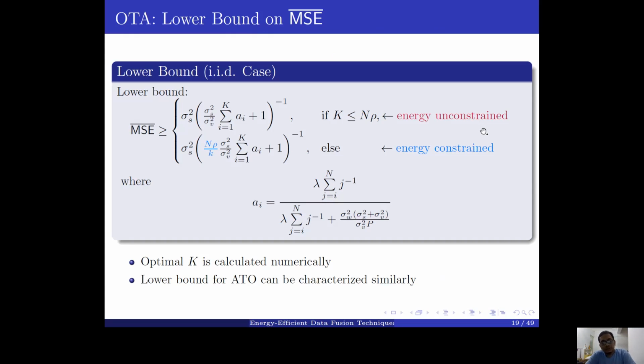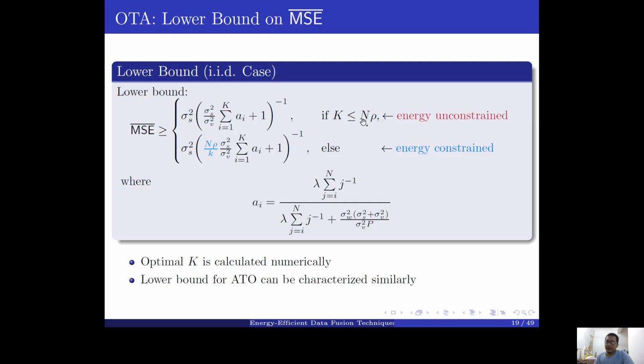As before, it is possible to obtain a lower bound on the mean square error for OTA and ATO. We are showing the results for the IID case since they are easy to visualize. As you can see, there are different characterizations when the nodes are energy unconstrained and when the nodes are energy constrained.